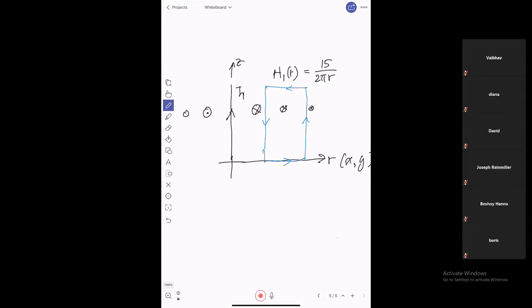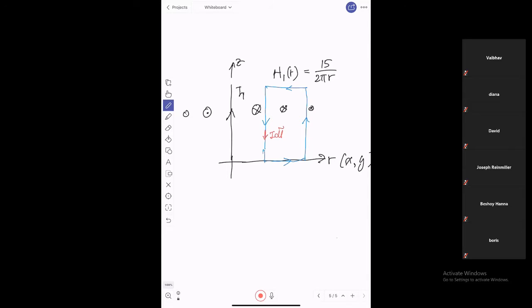So suppose I pick a small element. Let me use a different color, maybe red. So suppose I pick a small element here. I want to know what force is acting on this small element. So this small element is what we call I dl, right? So I know the magnetic field here on the element. So how much force is acting on it?